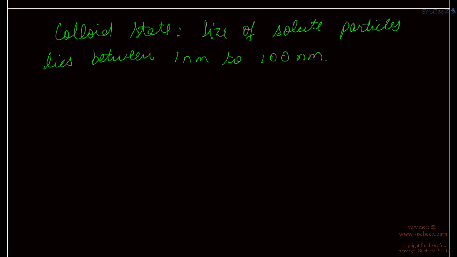Just like adsorption, we get here dispersed phase and dispersion medium. The component present in small proportion and consisting of particles of colloid dimension is called dispersed phase.